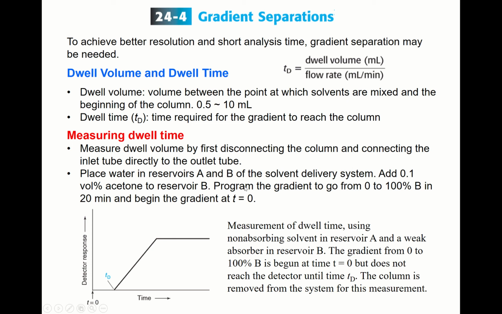But in this case, in A and B you put water, and in reservoir B you add 0.1% acetone, and program the gradient to go from 0 to 100% B. At first only the A, only water, and then you slowly increase the solvent in reservoir B until finally it reaches 100%.